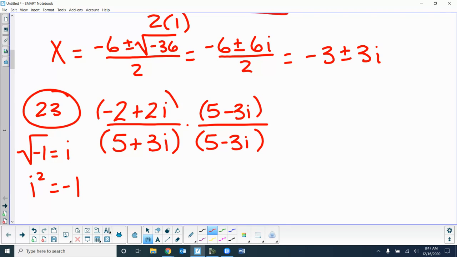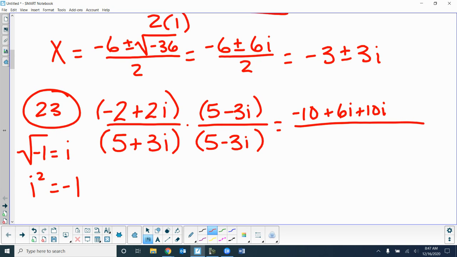So we're FOILing all this stuff, right? So F is first, -2 times 5. O for outside, -2 times -3i. I for inside, 2i times 5.